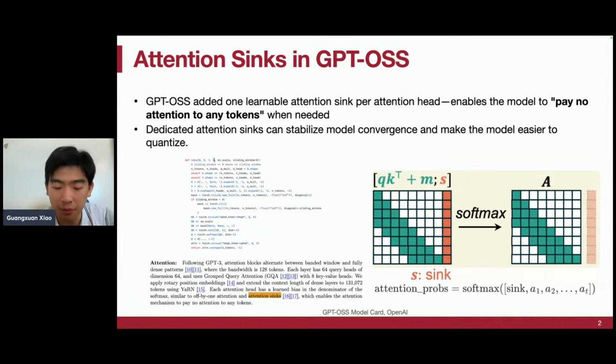Then after computing the probabilities, we remove that column, so it's not involved in the final computation. What this gives us is that each row's probability does not need to add up to 1, so that you can pay no attention to any token when there is nothing you need to attend to.